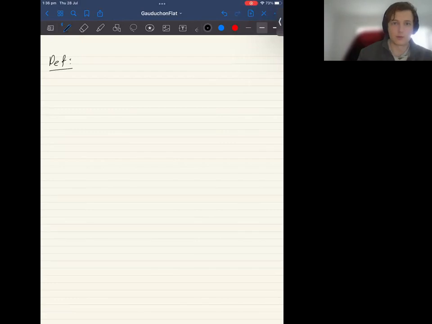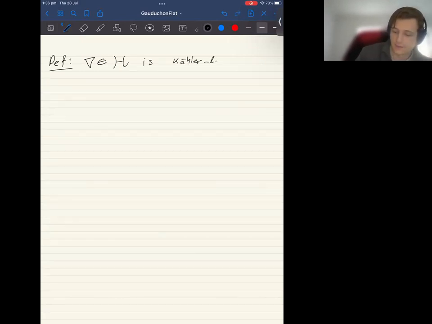I need to introduce one more very quick definition. So apart from looking at flat metrics, we could look at metrics whose curvature tensors have the same symmetries as that of a Kähler metric. So we say this is Kähler-like, which I'll abbreviate KL, if, one, it satisfies the Bianchi identity.